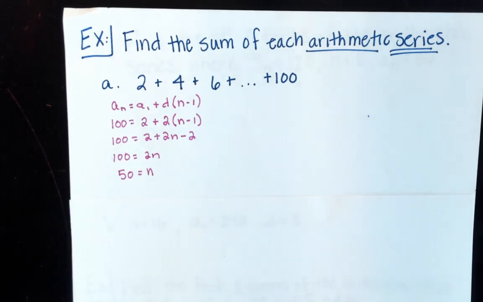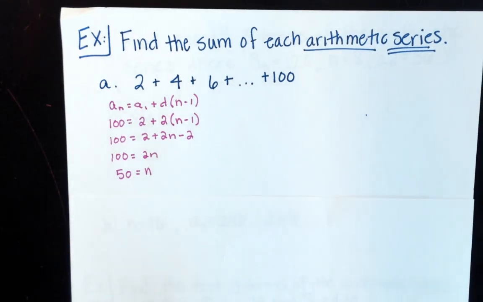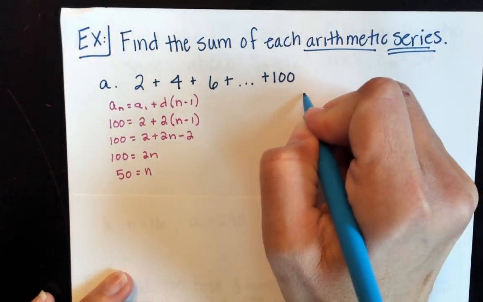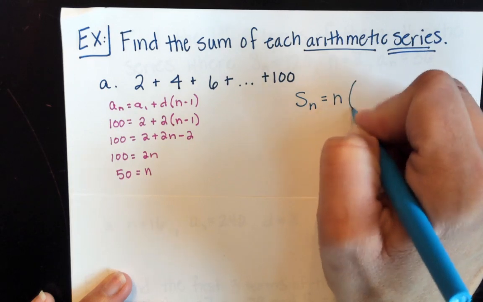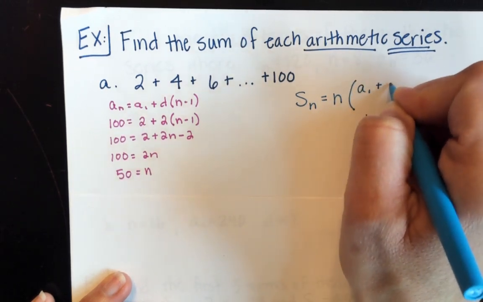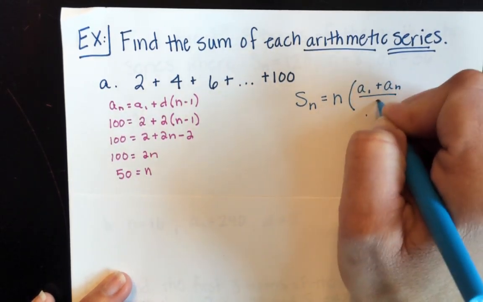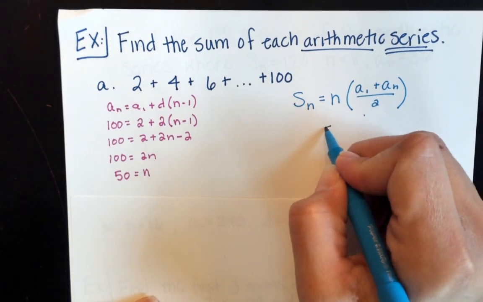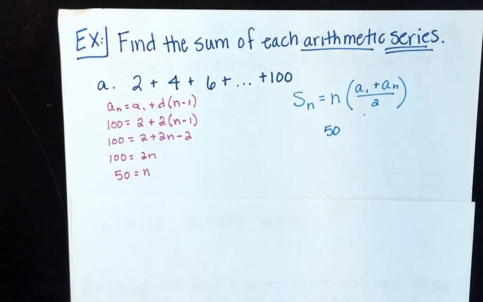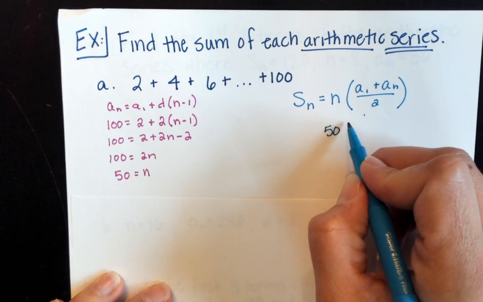So then we can look at what our series formula is. S sub n equals n times a sub 1 plus a sub n divided by 2. We now know there's a total of 50 numbers in this sequence.